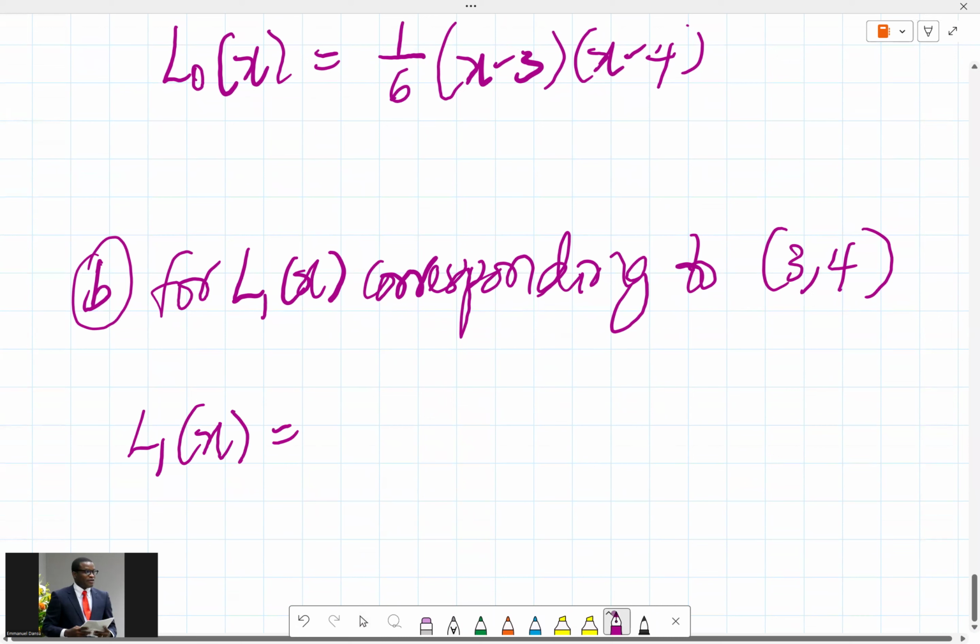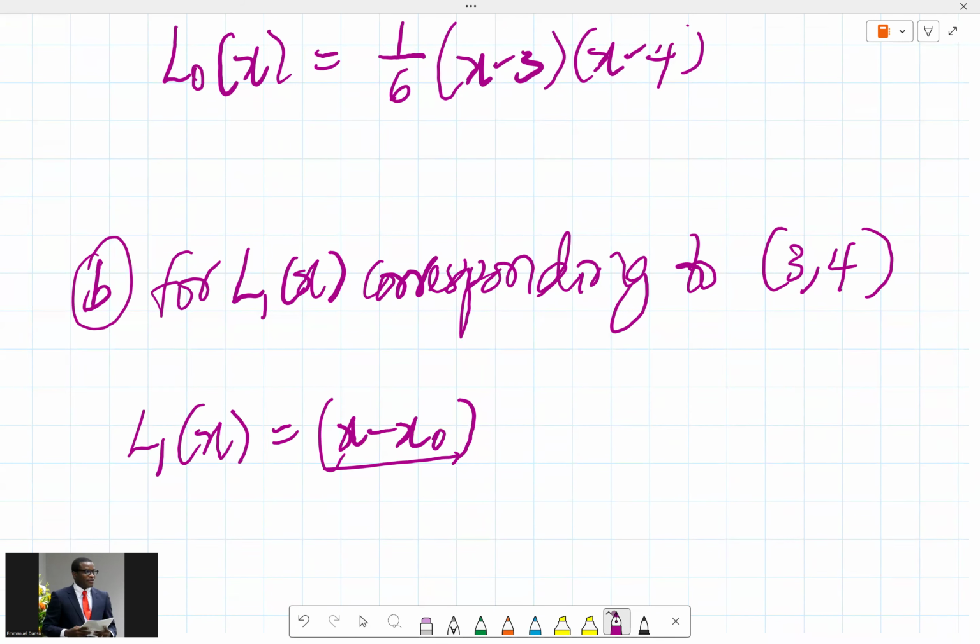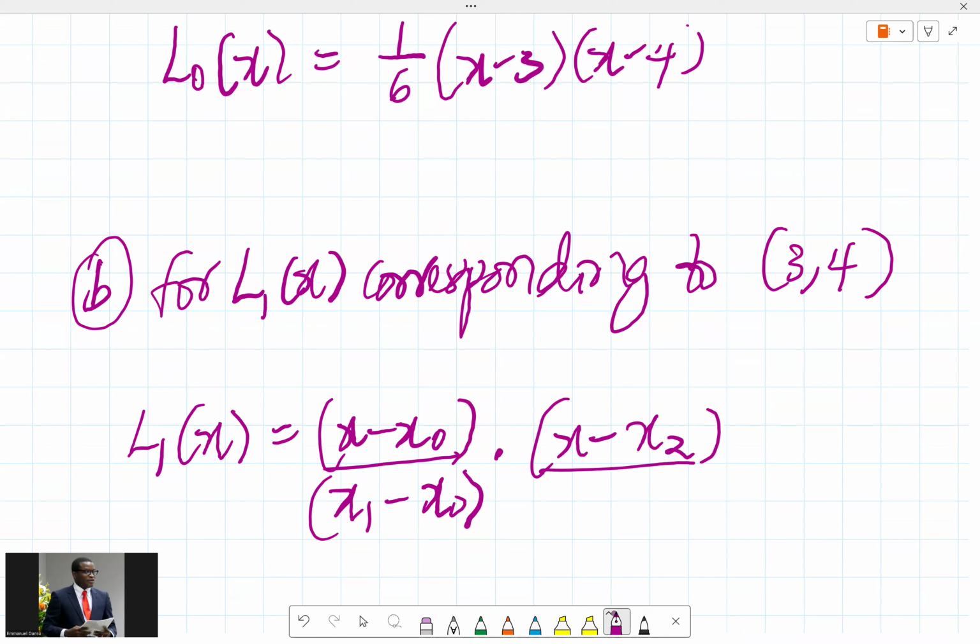So that means you are going to skip that 1. So this will be x minus x naught all over x1 minus x naught, multiplied by x minus x2, because we are talking about 1. So the 1 will be down. Then at the top, we just have every other thing we don't have. So that will be x1 minus x2 now.